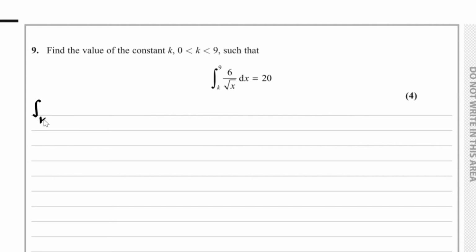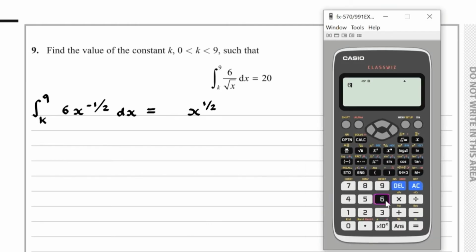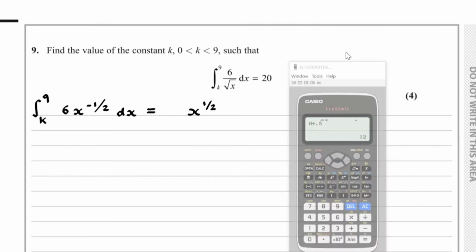We've got the integral from k to 9 of 6x to the power of minus 1/2, and we're integrating this with respect to x. So add 1 to the power, we get x to the power of 1/2. And if I divide by the new power, 6 divided by 1/2 is 12.